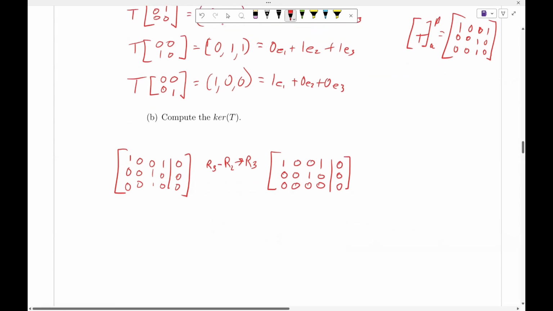Now that it's in echelon form, we convert it back to a system of equations.